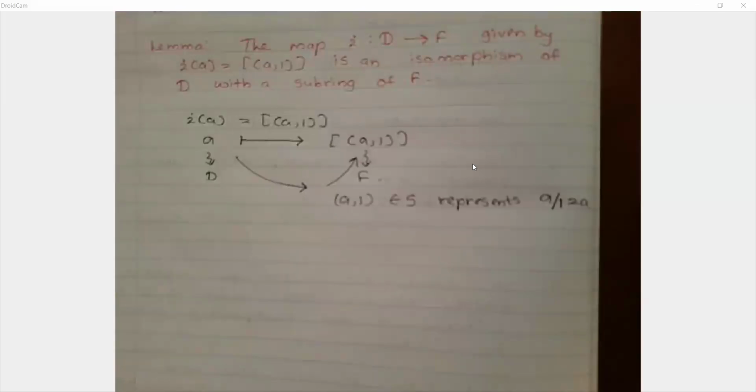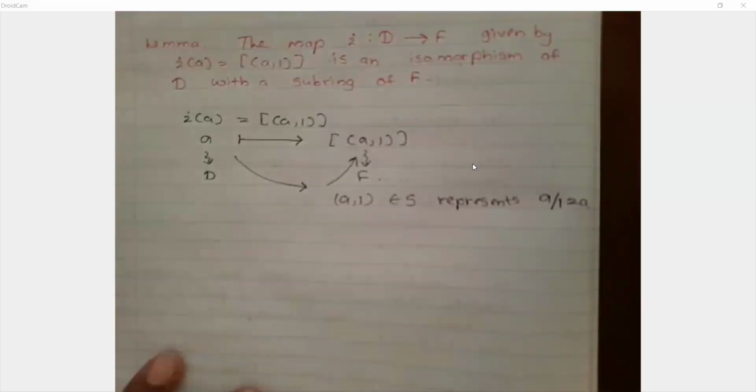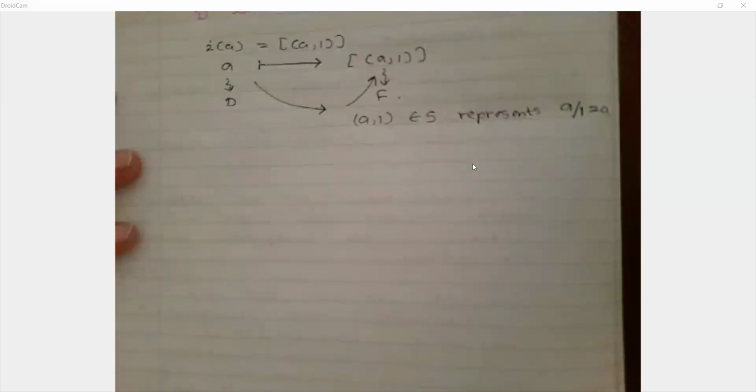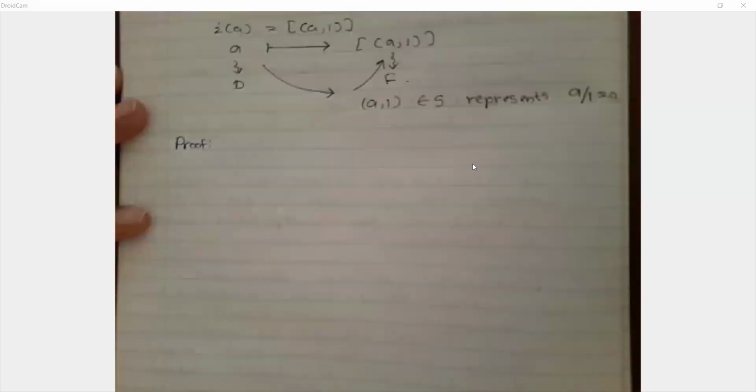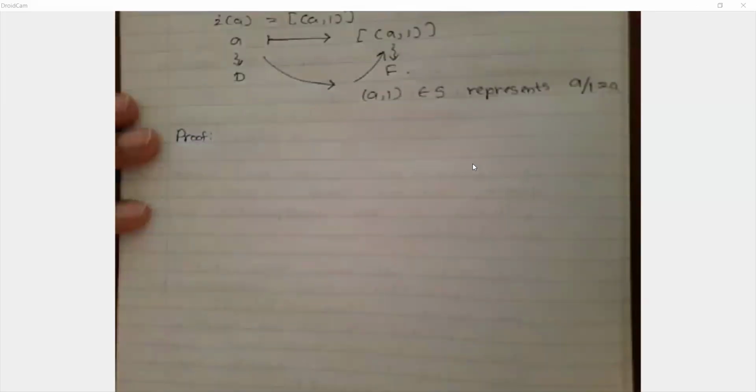So D will be isomorphic to this subring of F. First, we want to show that I is a ring homomorphism.